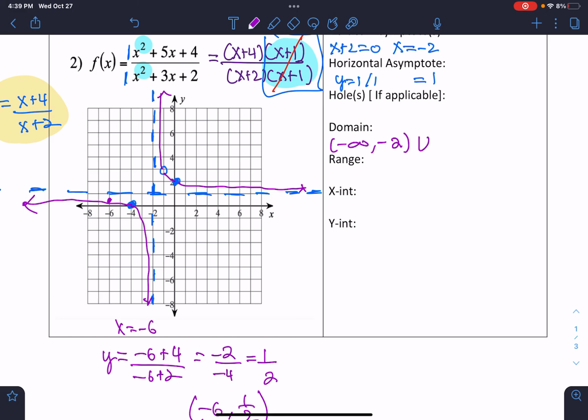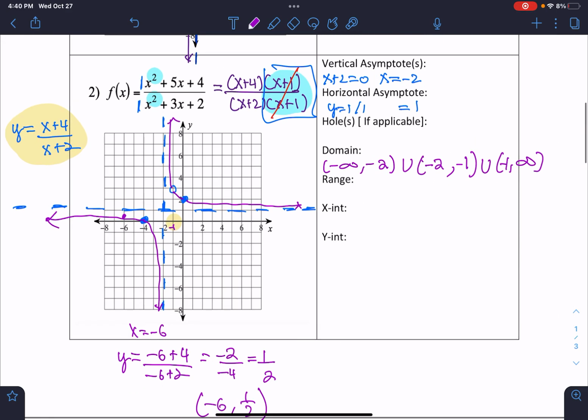From there, you go from -2 to your hole, which happens right here at -1. So you must exclude -1 also from your domain, which is why I'm putting a -1 here. And then you go from -1 to infinity.